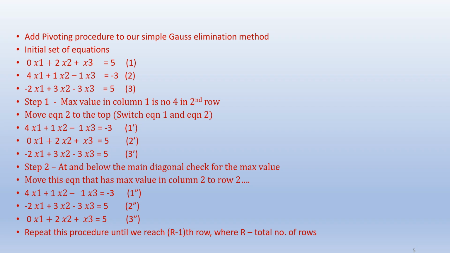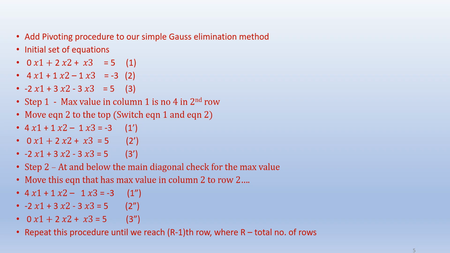In this case, the second row has the number 4, which is the maximum value in column 1. So we interchange the second row with the first row, and we arrive at the set of equations 1 dash, 2 dash and 3 dash.